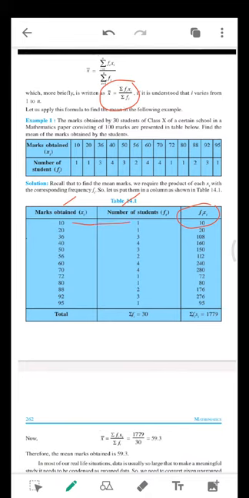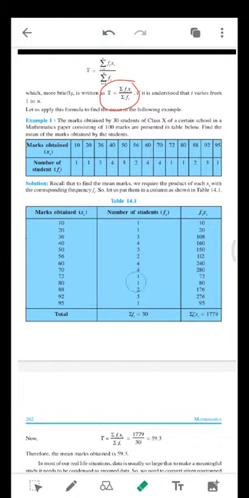So multiplying, 10 ones are 10, then 2 times 10 is 20. This way we have to go on multiplying all the observations. After multiplying all the observations, like 95 ones are 95, then 92 times 3 is 276. So we'll multiply all the observations in this way.